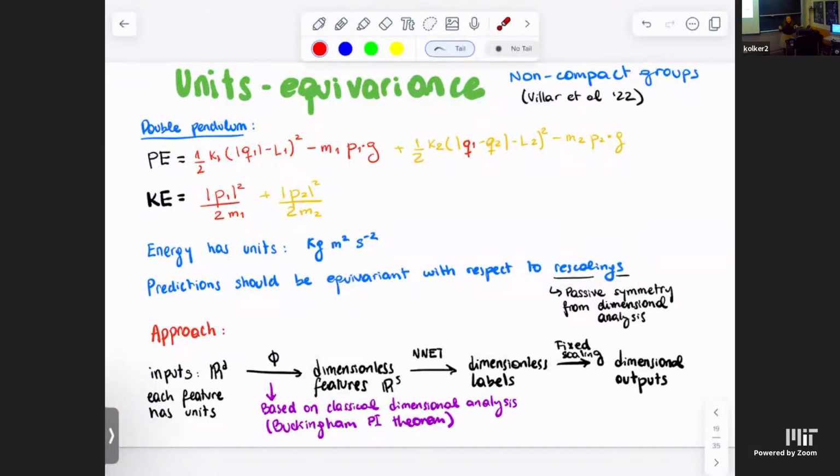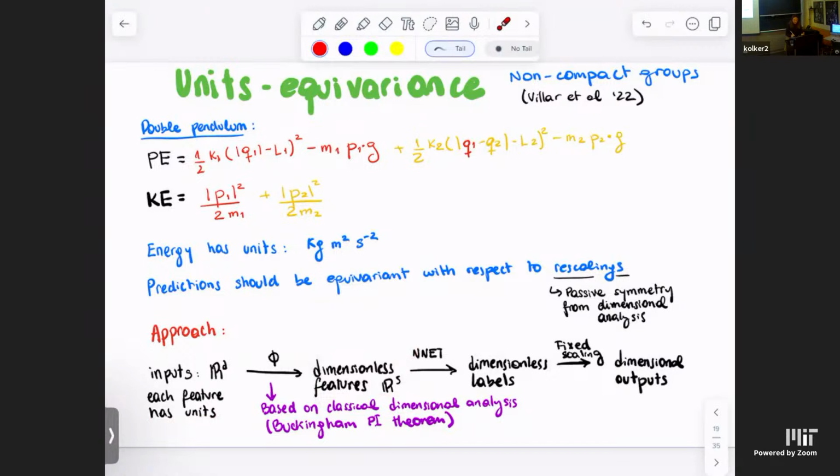You have a kind of worm that you may want to open if you want to do the math, and Hannah knows about that. One approach that you can do is you can take your inputs, and each feature has units, and then you can use the classical dimensional analysis to find dimensionless features, which can be constructed by multiplying and dividing things so that the units cancel out, basically.